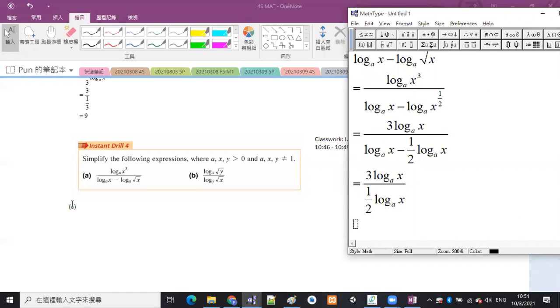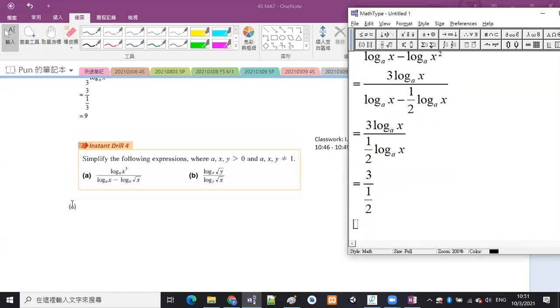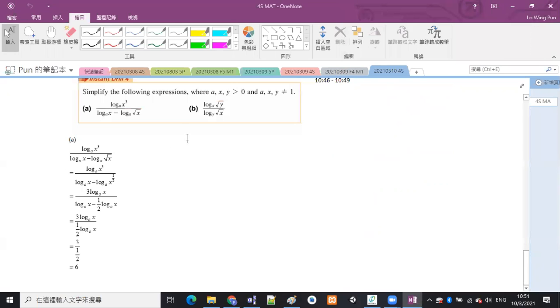And then the log x over log x will be cancelled by each other. So what is remaining is 3 over 1/2. But 3 over 1/2 is 3 times 2 over 1, okay, upside down. So that is equal to 6. So that is the answer of part A.